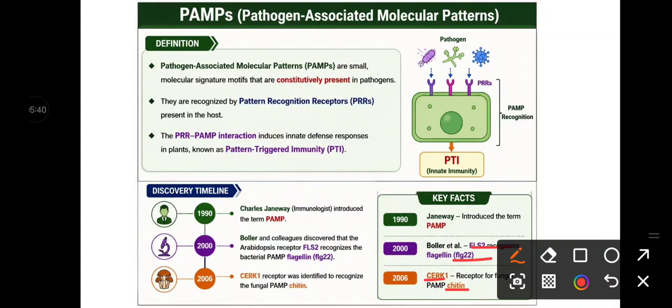So remember the examples. And the PAMP term was first introduced by Janeway in 1990. So this is in brief about the discovery of PAMPs.